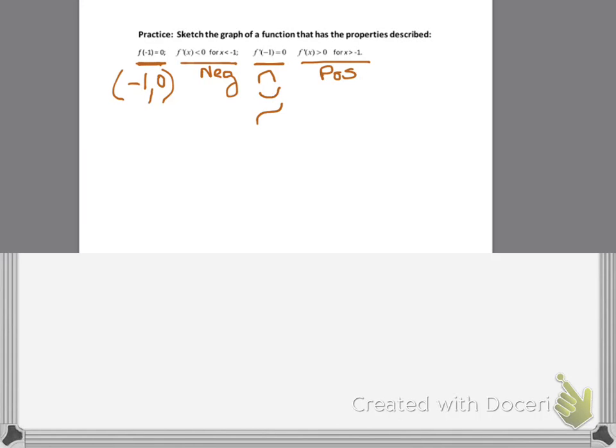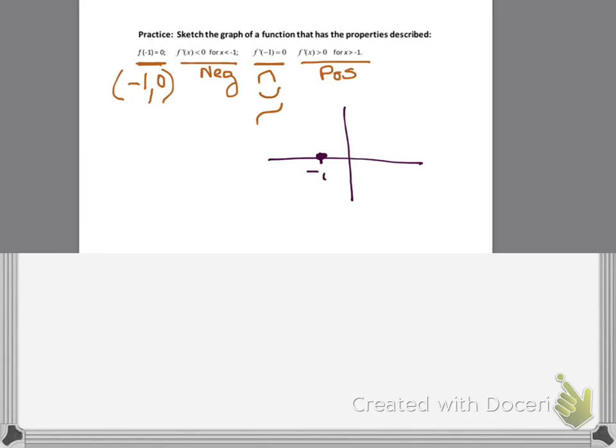So the first thing I'd like you to do is let's get ourselves a grid. So here's my grid, and I know I have to have the point negative 1 comma 0, so here's negative 1 comma 0, and that point has to be on my function. What else do I know?